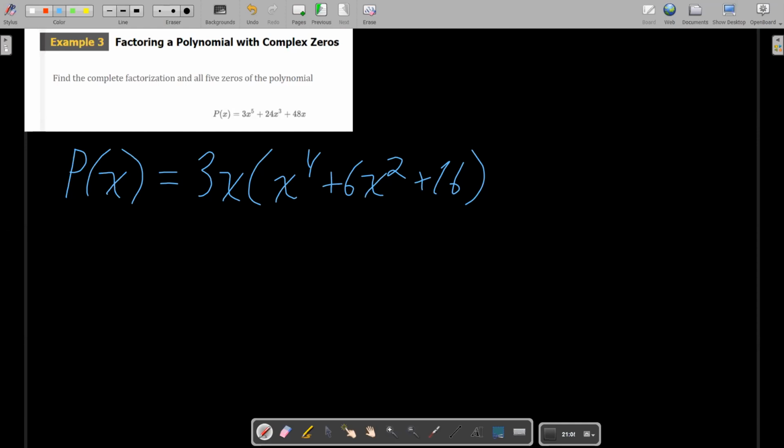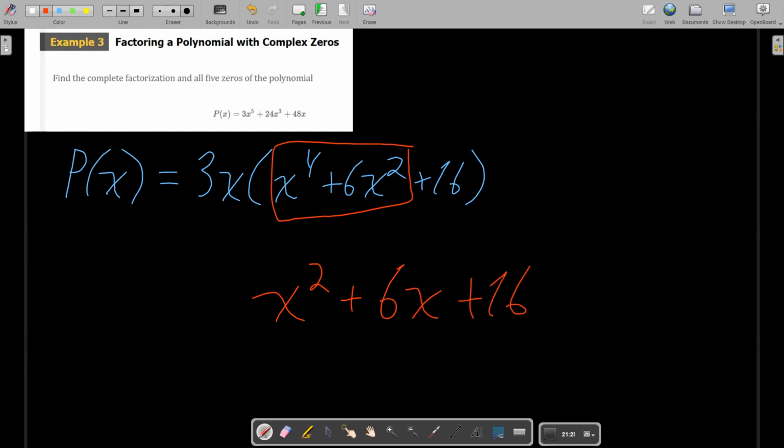Even though this is not a quadratic equation, if you see an equation that has the anatomy of a quadratic equation, you can treat it as such. Remember doing substitution. Let's look at x squared plus 6x plus 16.